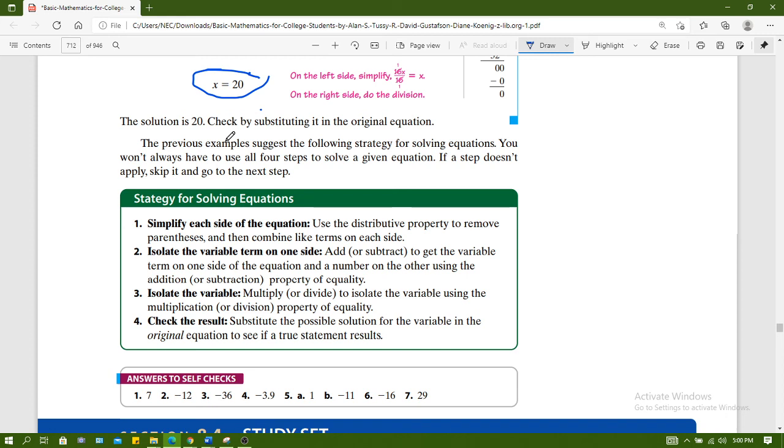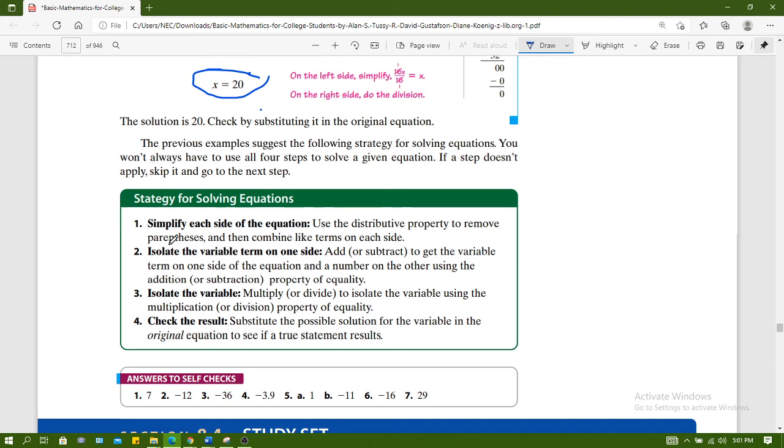So strategy for solving equations. First, simplify each side of the equation. Use the distributive property to remove parentheses and then combine like terms on each side. So for examples like the example given in number 6, you can use distributive property and combining of terms.